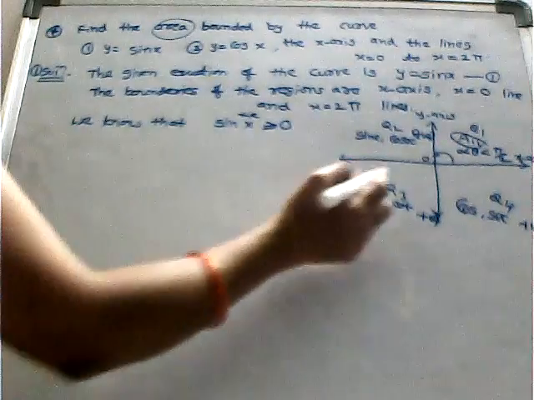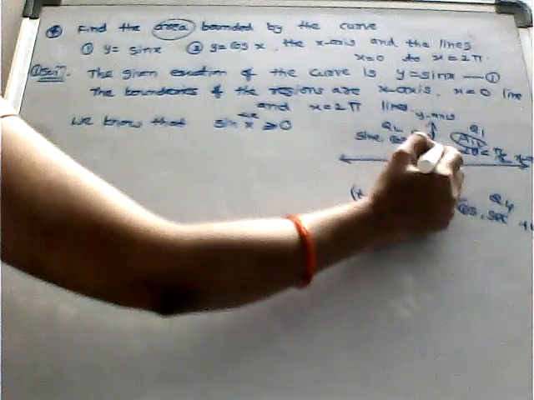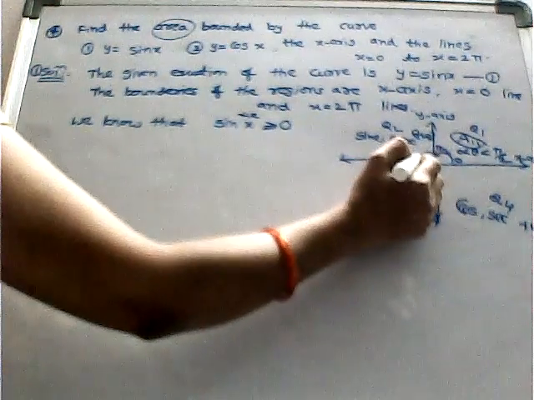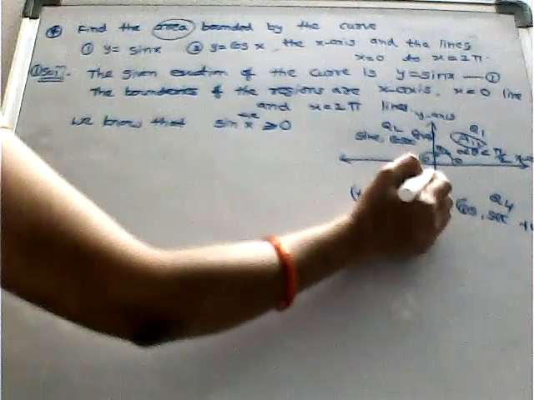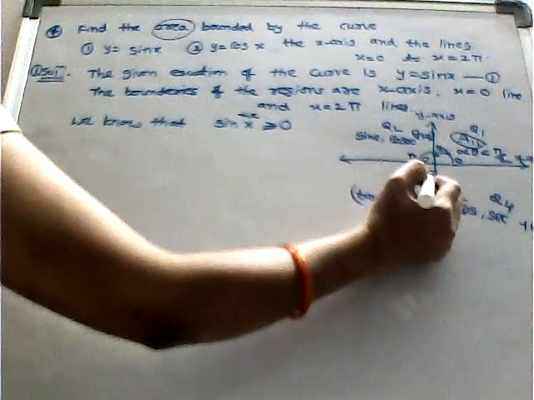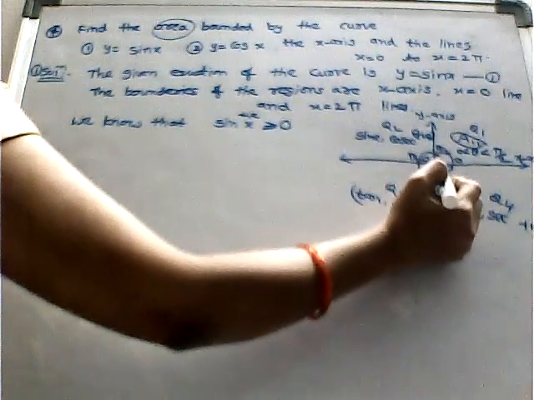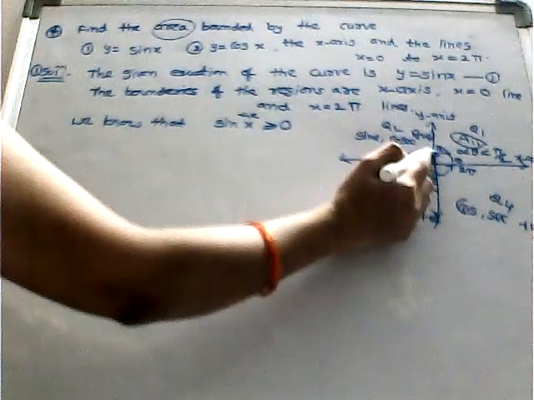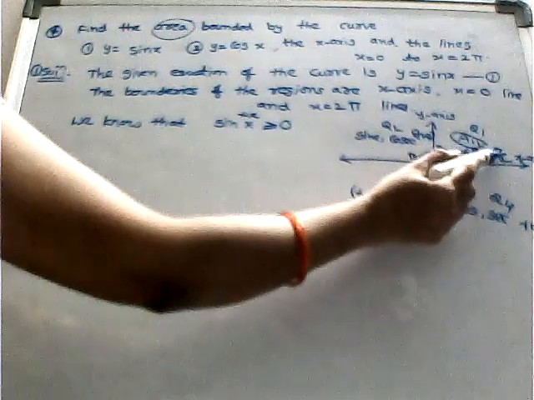Now we can observe here to here, 0 to pi by 2. Next, pi by 2 to pi. Next, pi to 3 pi by 2. Next, 3 pi by 2 to 2 pi. So the Q1 quadrant angles are from 0 to pi by 2.